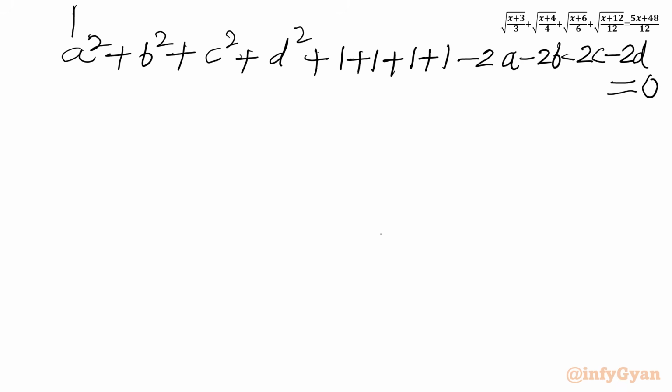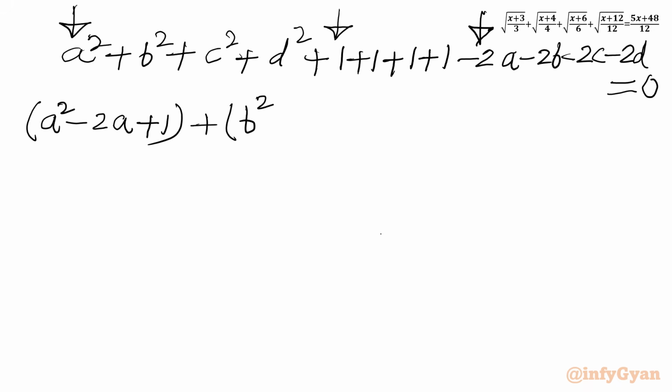Now we will pick a square minus 2a and 1 in one bracket: a square minus 2a plus 1. In the other bracket, b square minus 2b plus 1.